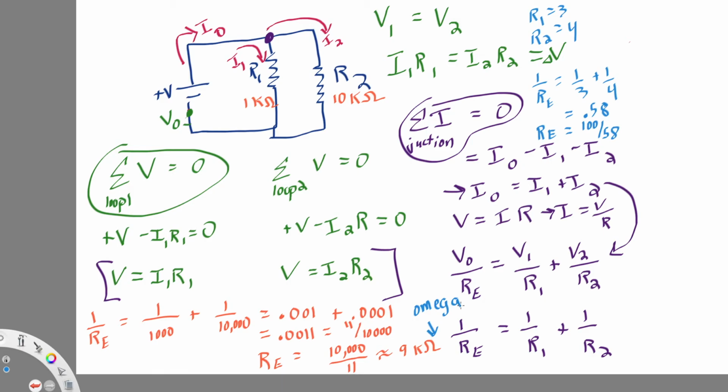So yeah, 10,000 divided by 11 is 909. Sorry, I was off by a factor of 10, so not 1,000, 100. My bad. Good catch, though. Okay, 900. Thank you for the correction. That's what I get for just shooting it off in my head. I was so confused. But thank you.